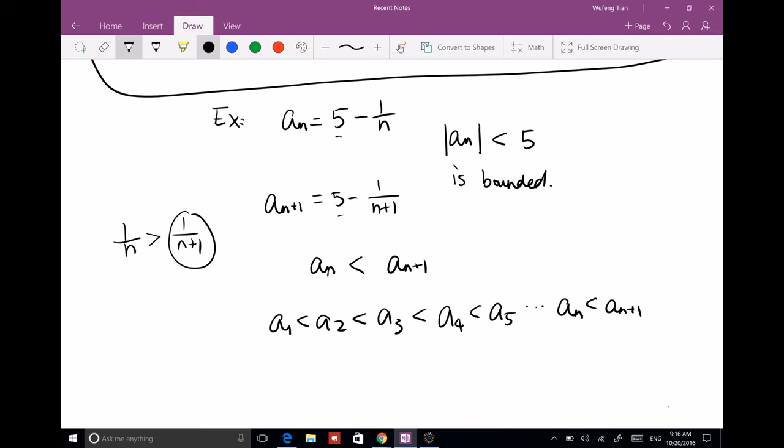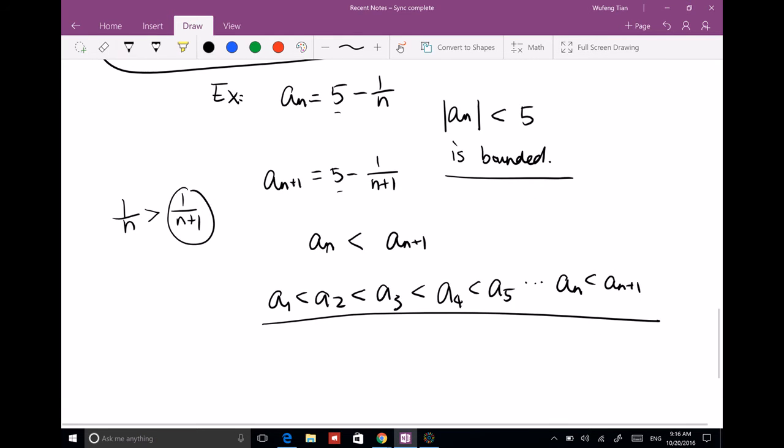So it's monotonic and it's bounded. So we can tell this sequence converges. That makes sense, right?